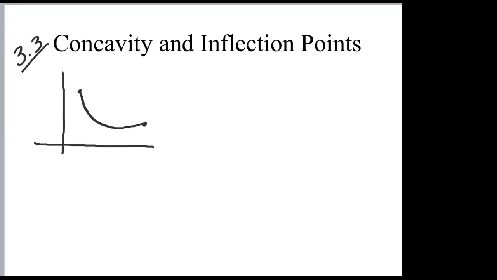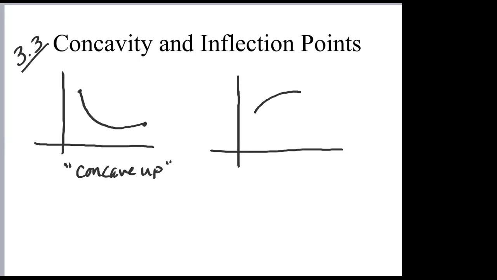It sort of curves up more and more as we go from left to right. We would call this concave up, like a cup. And then a graph is called concave down if it is curved like this.